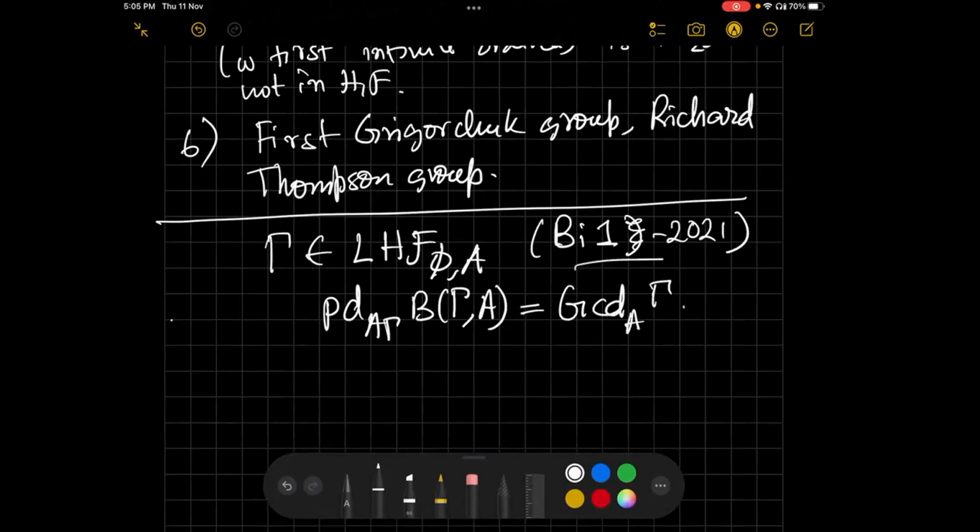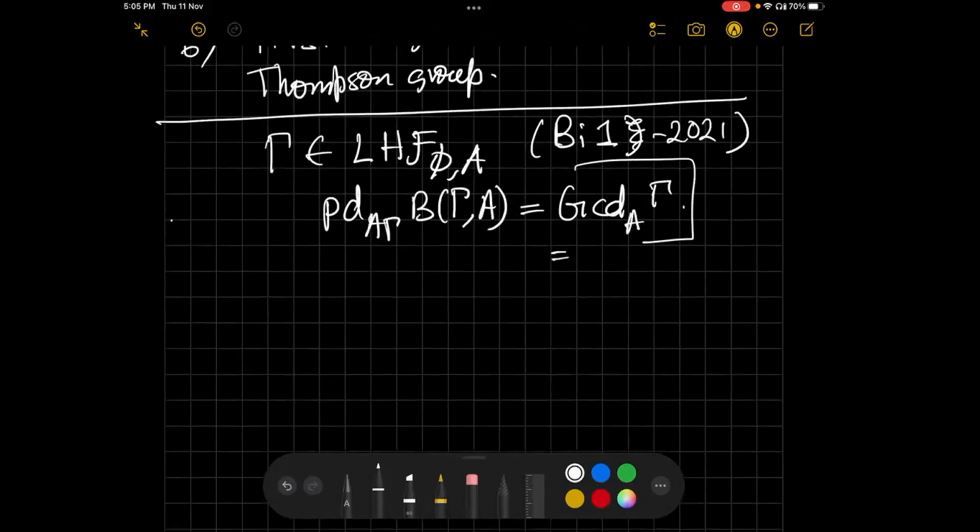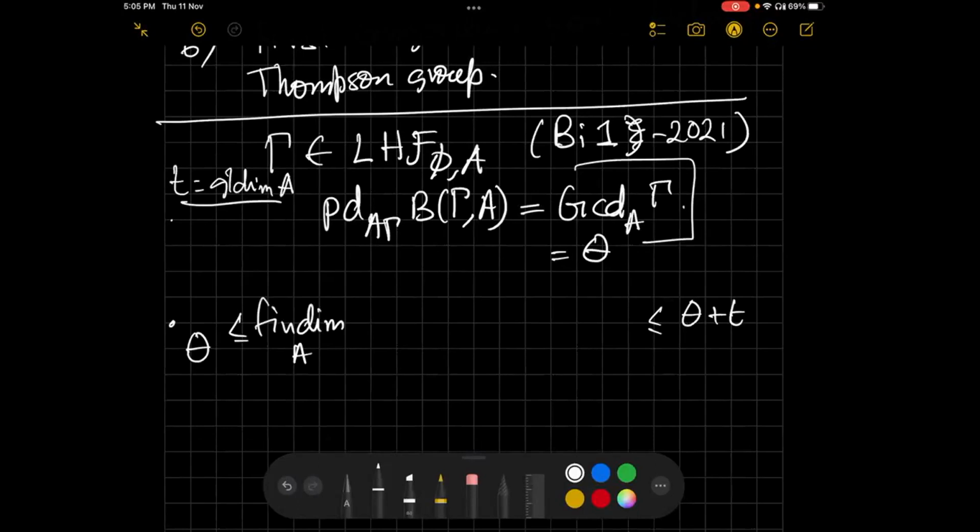And actually I make a conjecture that this should be true for all groups. And if we call this common value theta, then between theta and theta plus t, where t is the global dimension of A, lies the finitistic dimension of A gamma, lies the supremum over the injective dimension of projective modules of A gamma, lies pli A gamma, and also this guy.